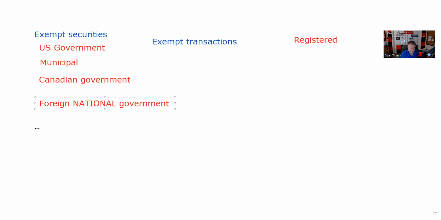It's the sovereign debt that is. So we're talking about this laundry list of exempt securities to carve out what we don't have to register with the state administrator. So I say, I didn't register the security. This was a Republic of Mexico Grand Centenario bond. The issuer is the Republic of Mexico, we have diplomatic relations, and so no, I didn't register the security.